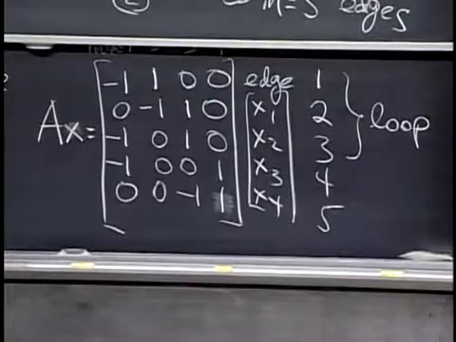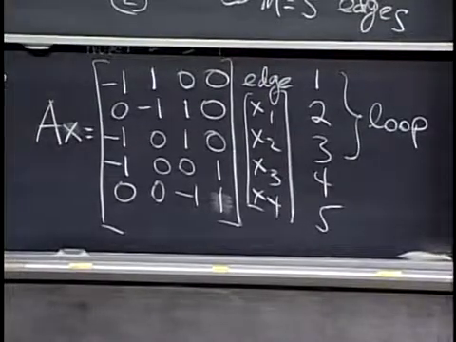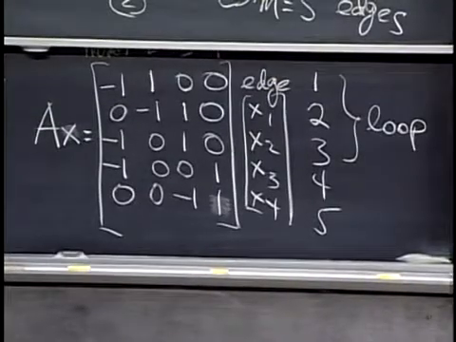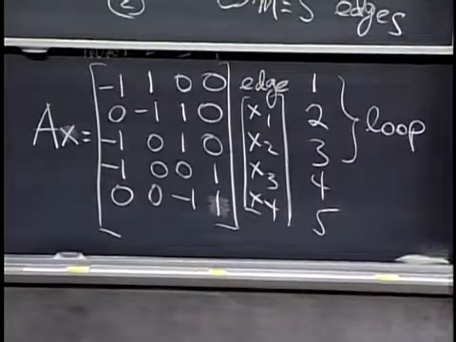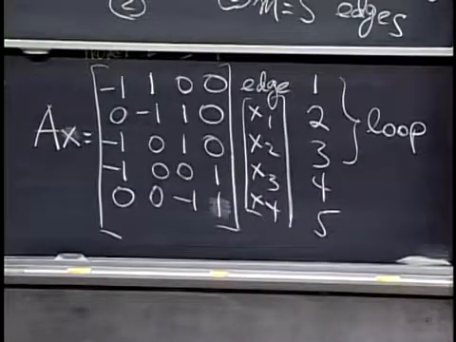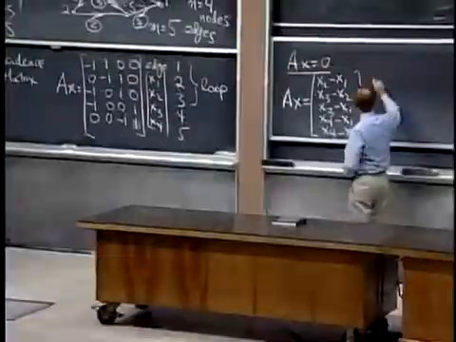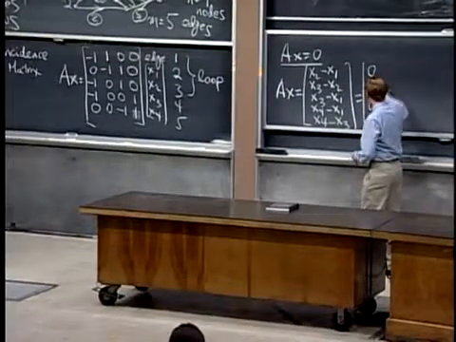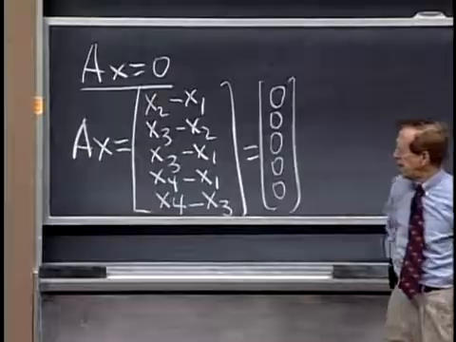From the third row, I get x3 minus x1. From the fourth row, I get x4 minus x1. And from the fifth row, I get x4 minus x3. And I want to know, when is the thing 0? This is my equation, Ax equals 0.